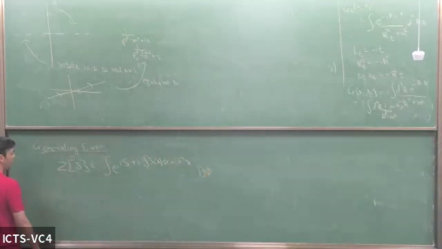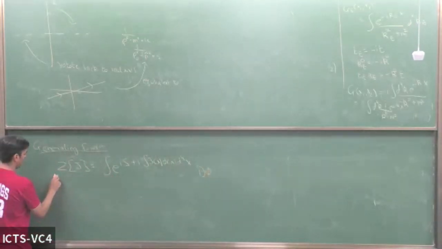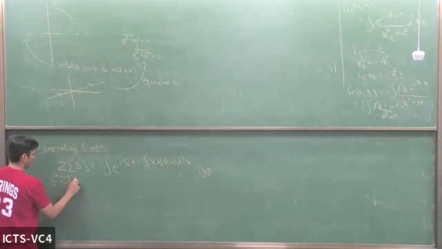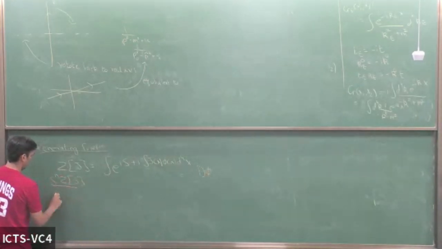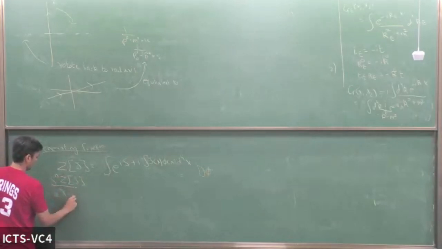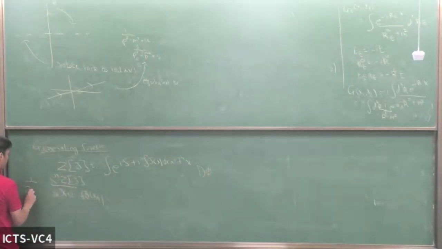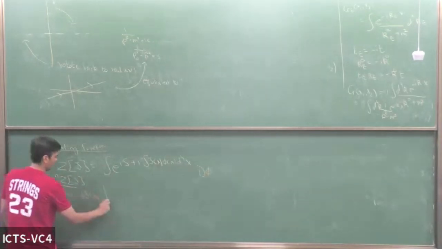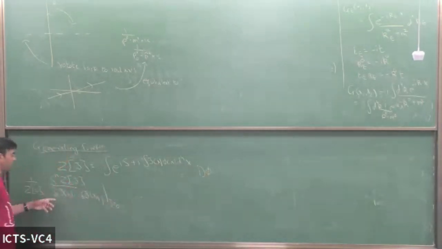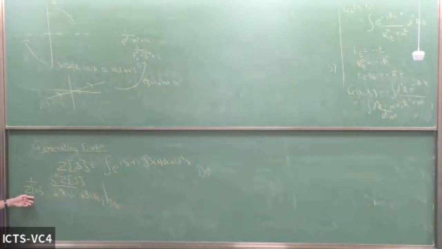Now let me ask, what happens if you look at del n of Z of J by del J of x1 ... del J of xn, times 1 by Z of 0, and then you set J equal to 0. So you differentiate this functionally n times, and then you set J equal to 0. Well, that's very simple.